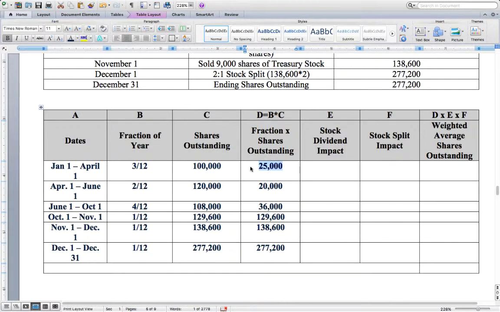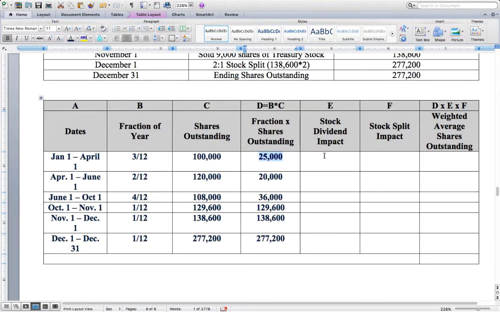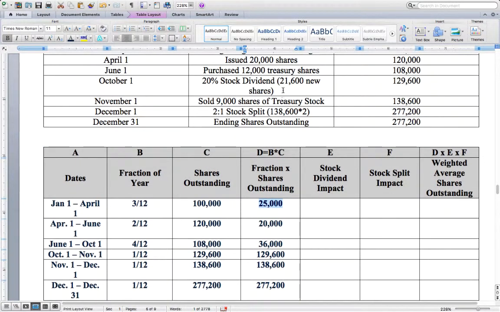As I noted previously, if a stock dividend occurs or a stock split occurs, you have to treat it as if it occurred from the beginning of the year. So in this example, the stock dividend happened on October 1st.